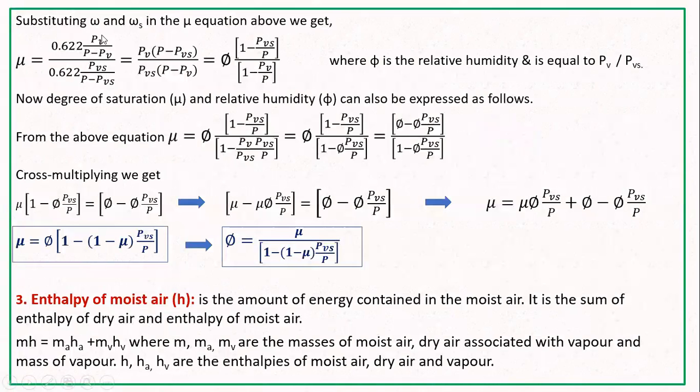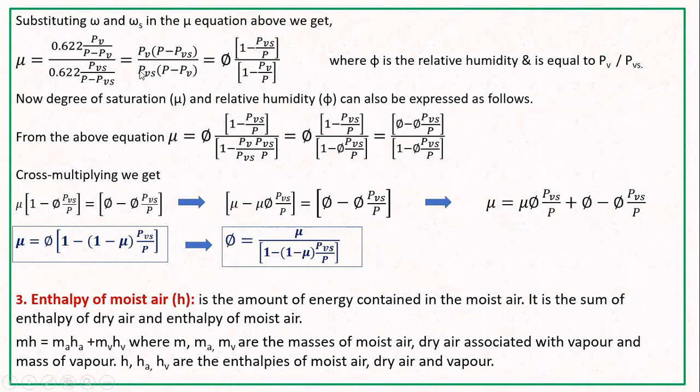Now, substitute here. Mu is nothing but omega divided by omega S. So, substitute omega here, 0.622 gets cancelled. You'll get PV by PVS into, this numerator P minus PVS goes on to the top, and P minus PV comes to the denominator.